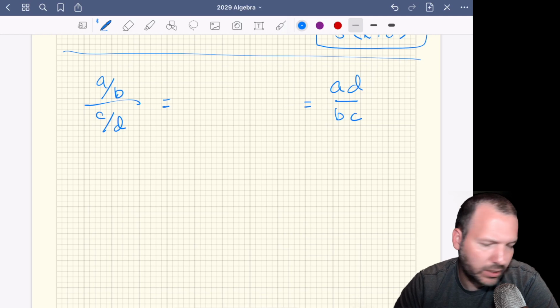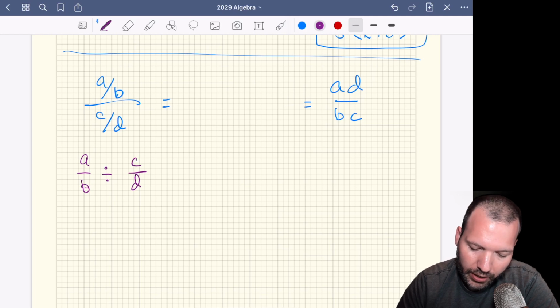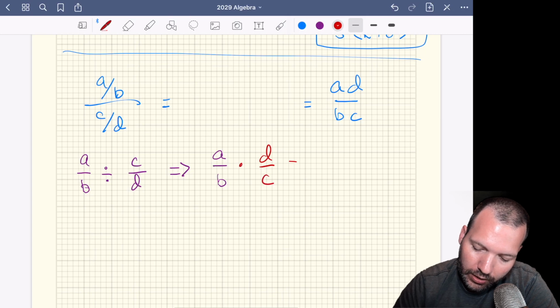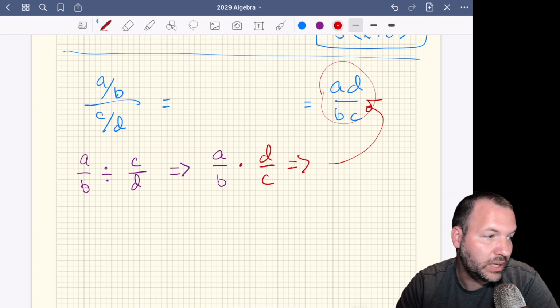And the book, I think, gets into why, but the basic idea is our keep, switch, flip, right? This means the same thing as a over b divided by c over d, which itself is the same thing as a over b times d over c. And then that is how we end up at ad as our numerator divided by bc.